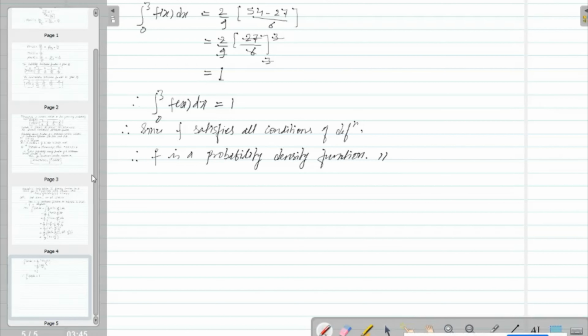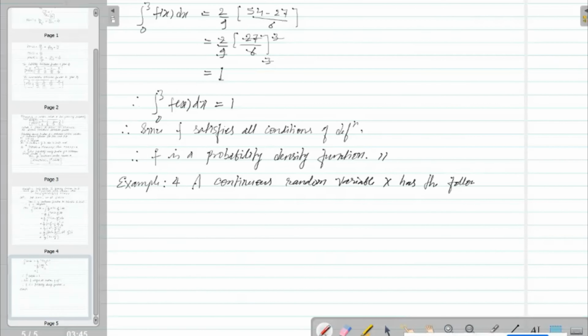So example number 4. A continuous random variable x has the following probability density function.